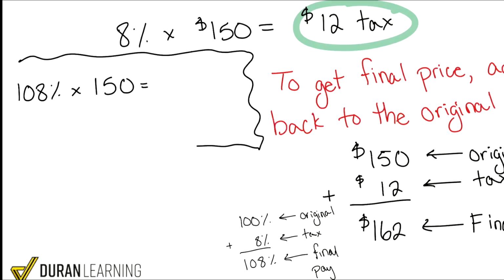Now, everybody, here's what the little issue is going to be. If I move the decimal place over, 1, 2, again, always twice, we have 1.08 times 150. Again, still very doable.